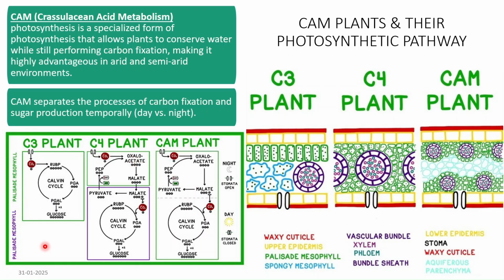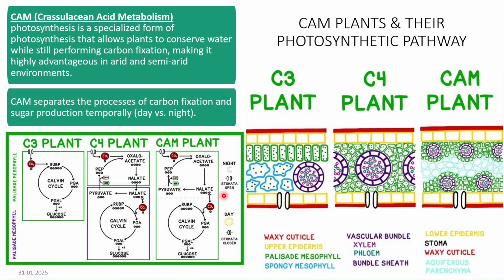In C3 and C4 plants, the stomata will be open during the morning time, and less open during the night time. Whereas in CAM plants, the stomata are open during the night time and closed during the daytime.